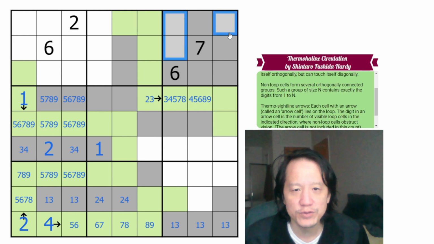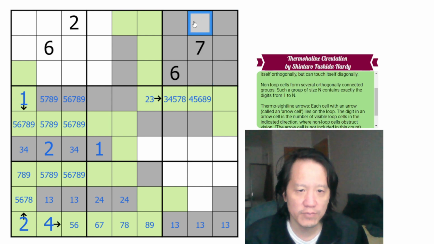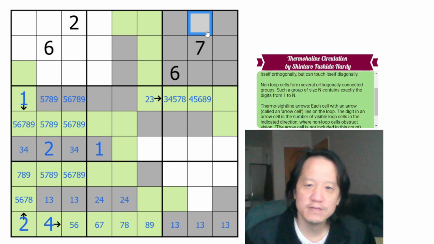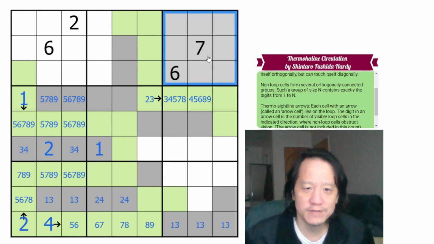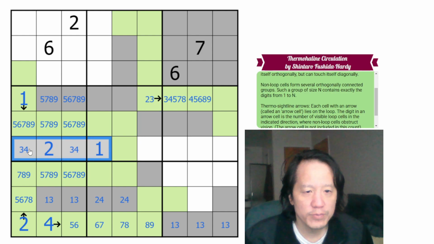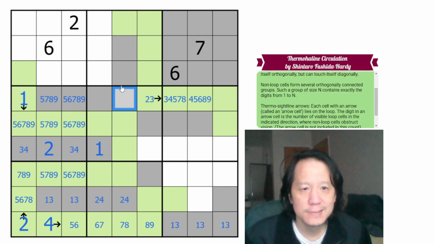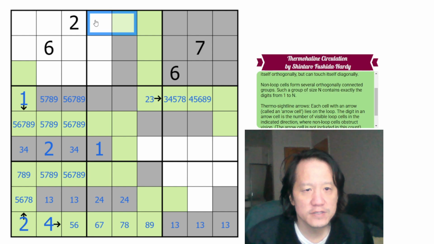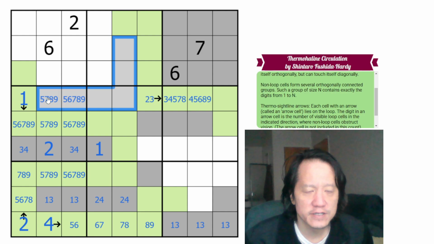This is the digits 1 through 9 in this group, in this non-loop region. We have one group here, 2, 3. So this already has 6 in it, right?